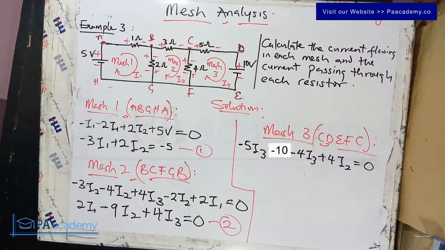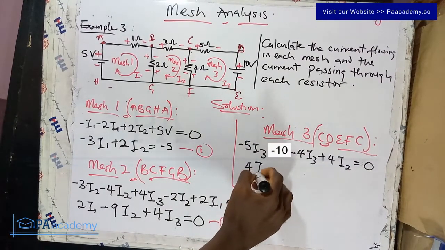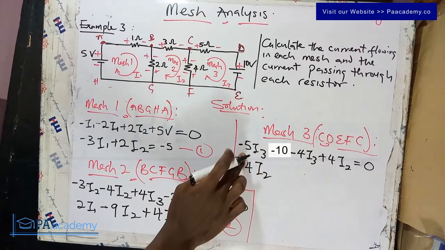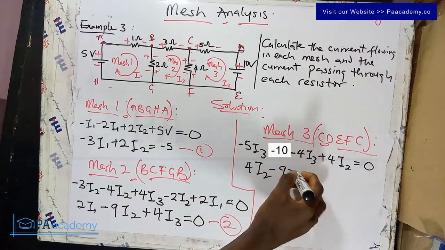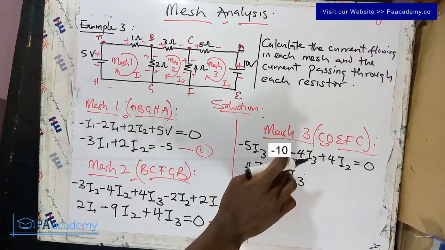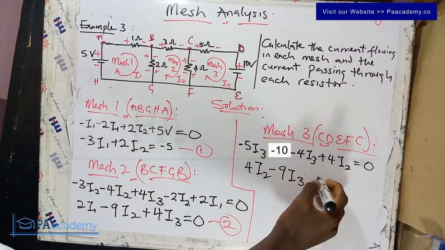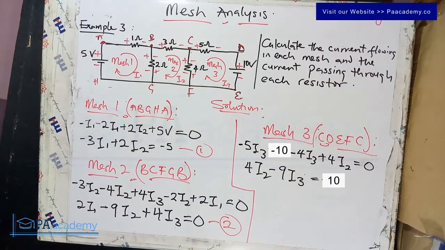So now let's simplify this. We have 4I2, and then for I3, we have minus 5I3 and minus 4I3. That's going to be minus 9I3. Then this plus 10, if you take it to the other side of the equals sign, is going to give us minus 10. What we have there is our equation 3.